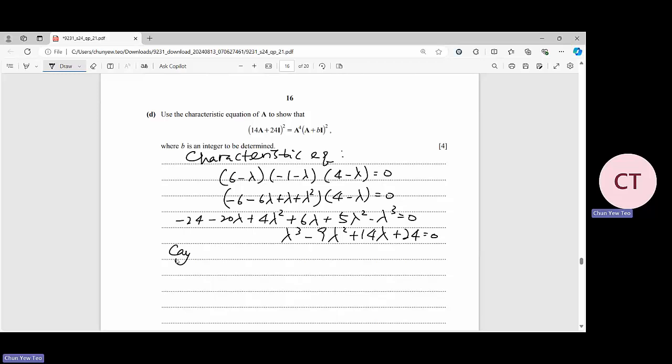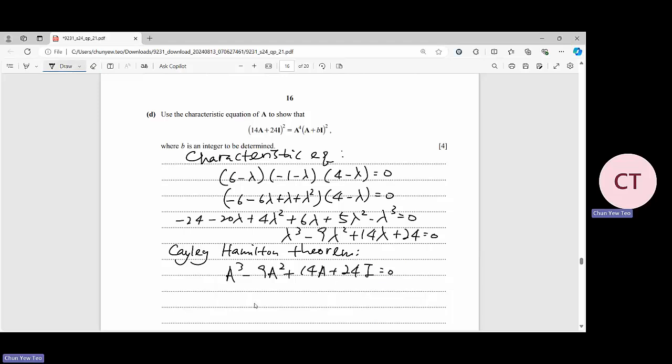Then from the Cayley-Hamilton theorem, you have A cubed minus 9A squared plus 14A plus 24I is equal to 0. And you can see that the 14A plus 24I is over here.